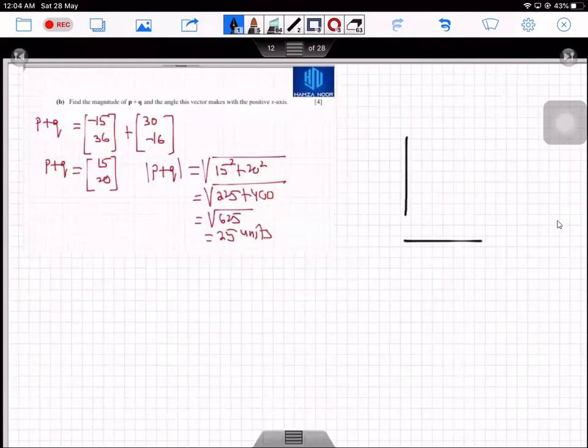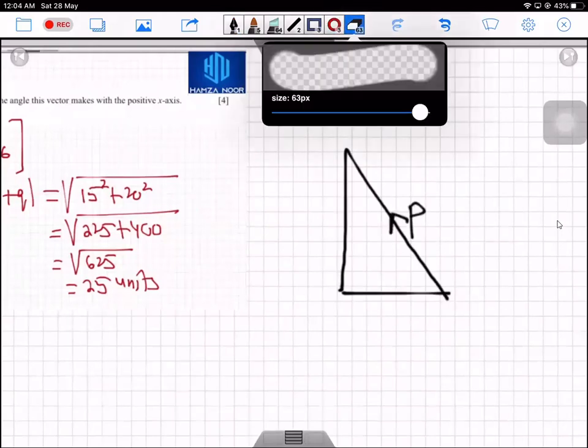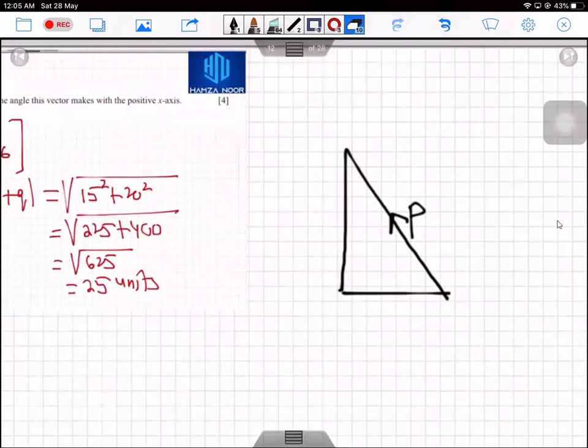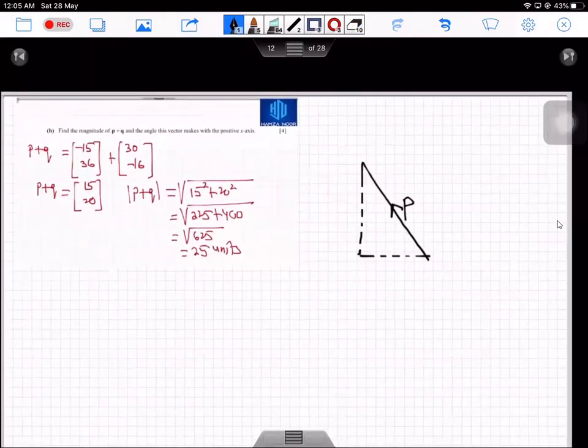Let's say this is your vector P. And vector Q is basically 30i minus 16j. Let's say this is your vector Q.